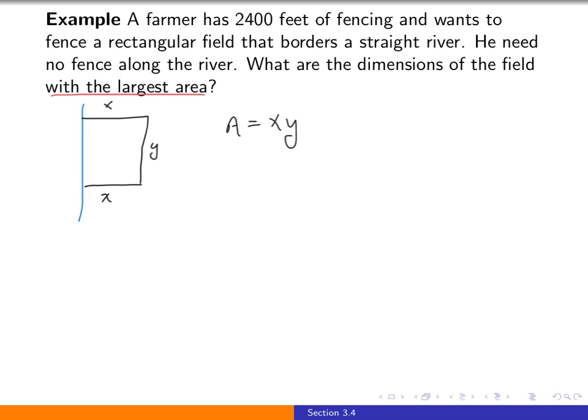And the key fact is that there is 2,400 feet of fencing, and that is giving us the perimeter of the region which is fenced in. So 2,400 is the perimeter of the fencing, which is 2x plus y. And now I can very easily solve for the y variable.